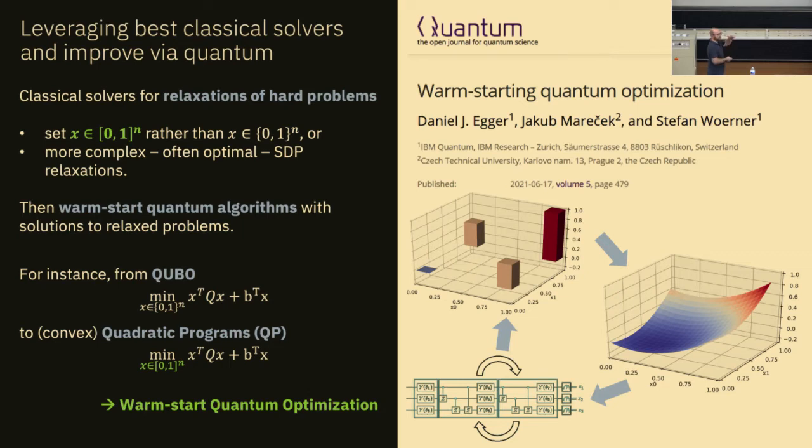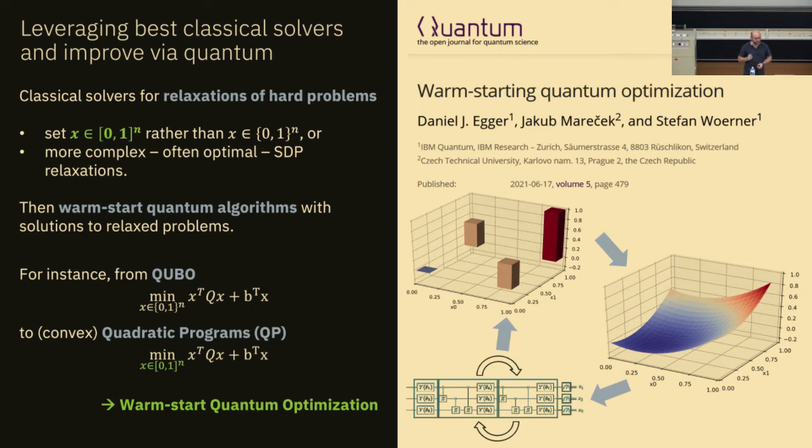And if you do this for each qubit, the state still has some overlap with all states, but it is biased towards a good solution. And this works for this naive continuous relaxation, but you can also work with things like Goemans-Williamson, more advanced SDP-based relaxations and so on.